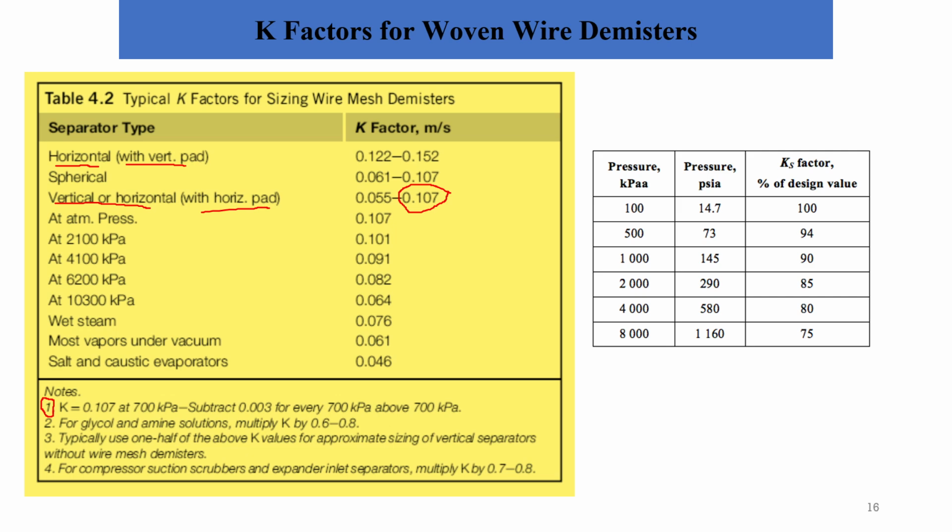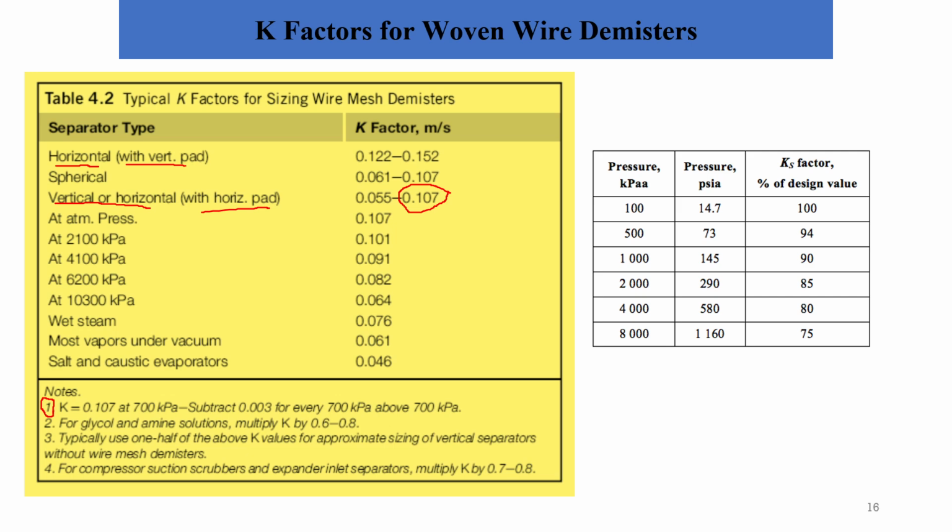But let's assume that I am operating at 1400 kilopascal. This means that I am 700 above the baseline, where the baseline is 700 kilopascal, at which you use the value of 0.107. As per the guideline here in point 1, for each 700 above the baseline, you have to subtract 0.003 from the actual value.